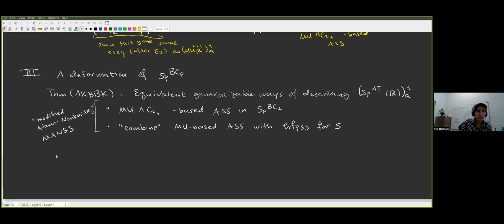Okay, so first I'm going to say what does combine mean? And I think I can say this briefly. So roughly, given two filtered objects, you're going to take the deconvolution.